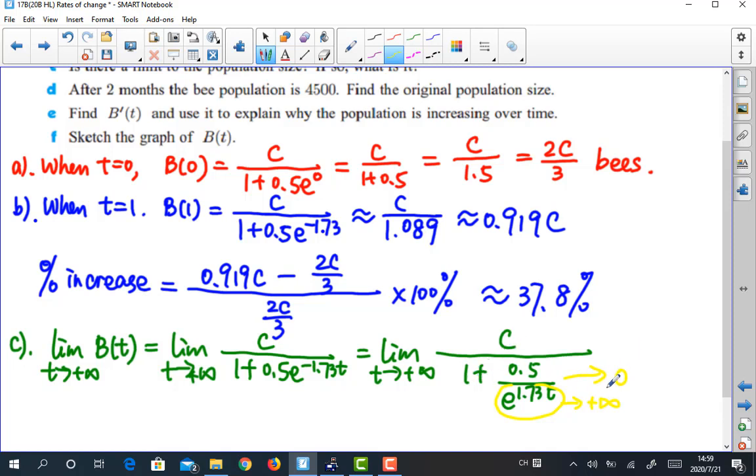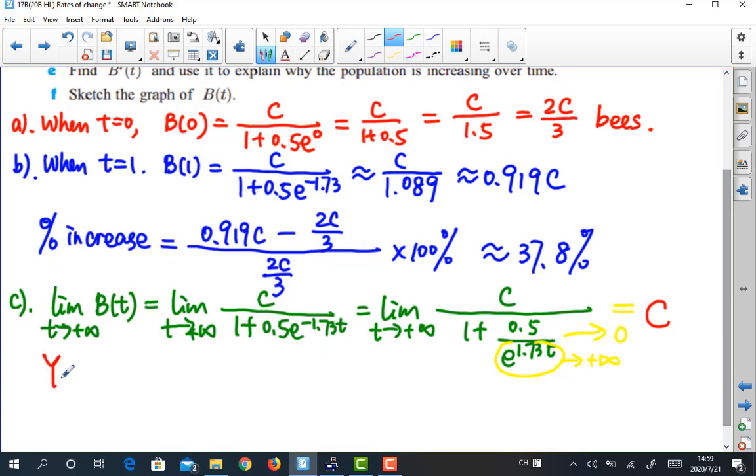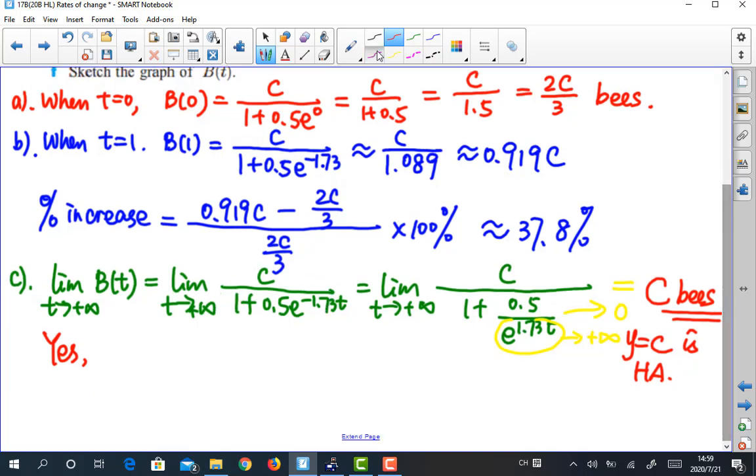C over 1 plus 0, so this value is approaching C. Is there a limit to the population size? Yes. If so, what is it? The limit should be C bees. Later on you will know this y equals C also becomes the horizontal asymptote if you graph this logistic function. Let's continue to look at D.